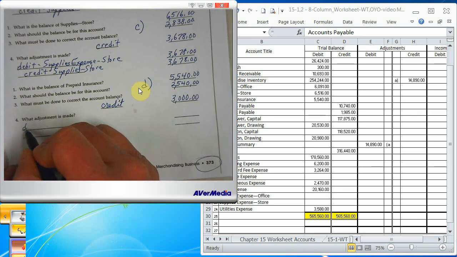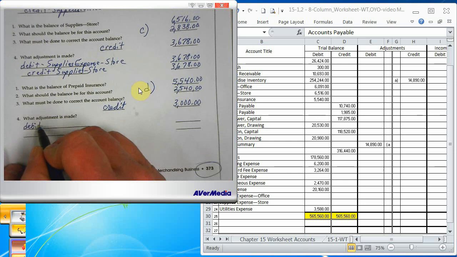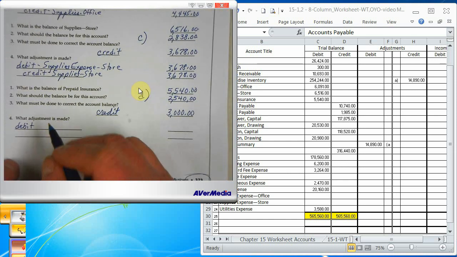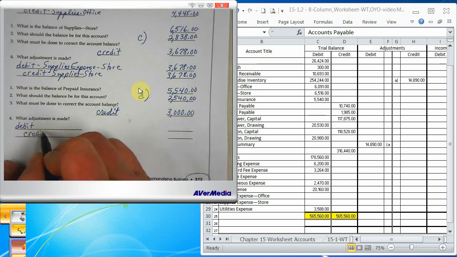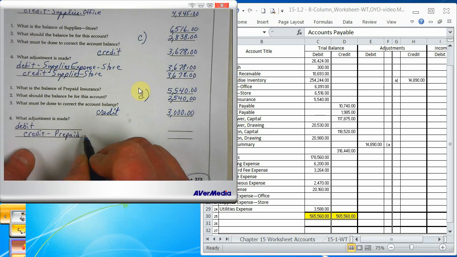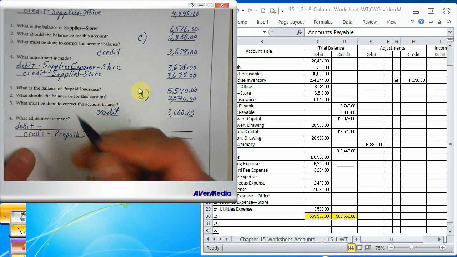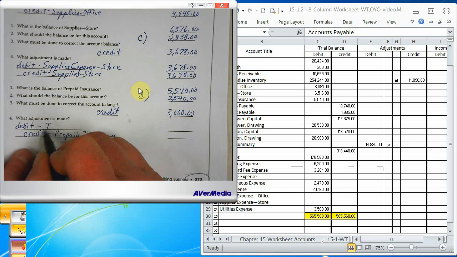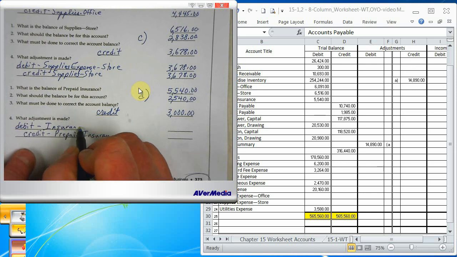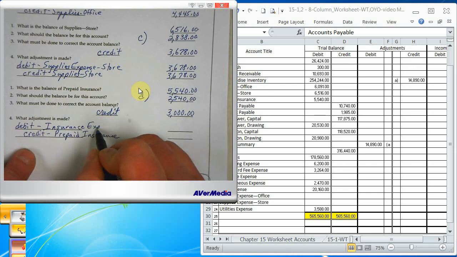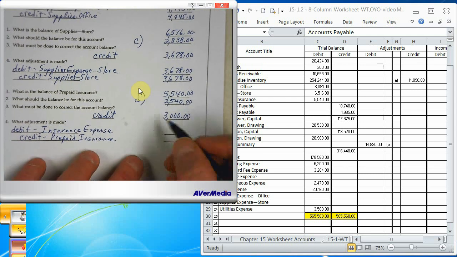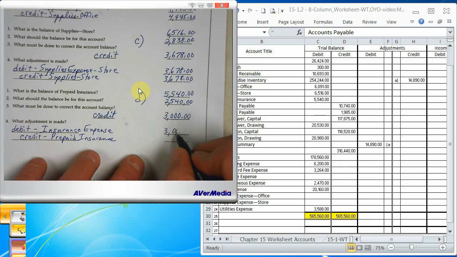So we're going to credit prepaid insurance to lower the debit balance, and we're going to debit insurance expense since it is a directly related expense account. They both get the $3,000 amount: debit for the expense and credit for the prepaid insurance.